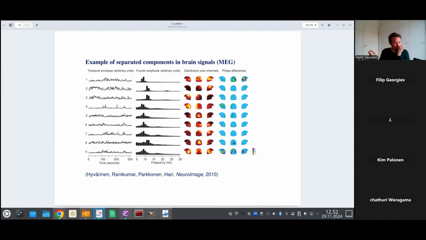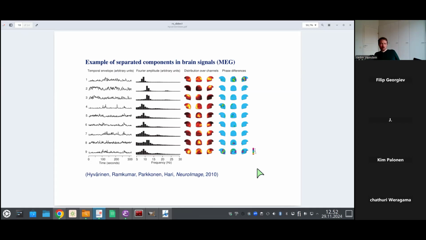And each of these units will record something that the next one also records, but weaker. So everything they record is kind of overlapping all the time, but you can deconstruct the original signals using ICA.